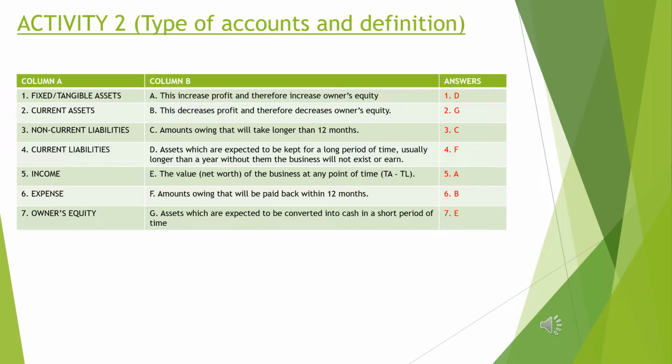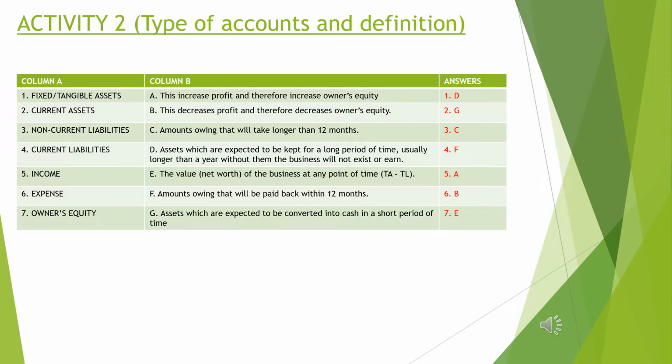The instruction is clear. Choose a definition from column B that matches the type of account in column A. So column A, you have type of account. Column B, you have definitions. Let us begin. Number one, fixed tangible assets.